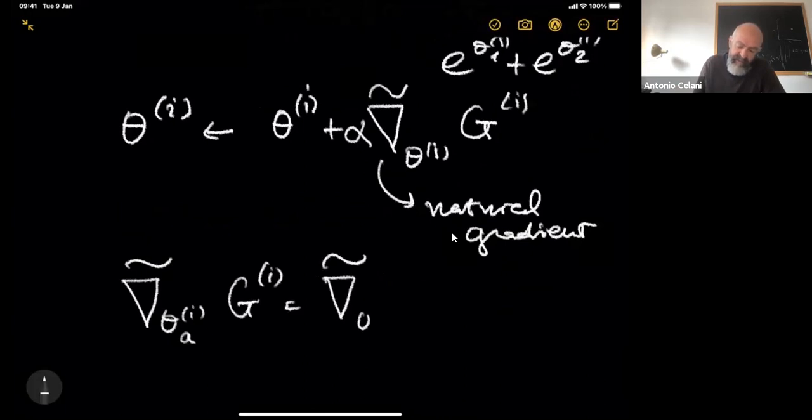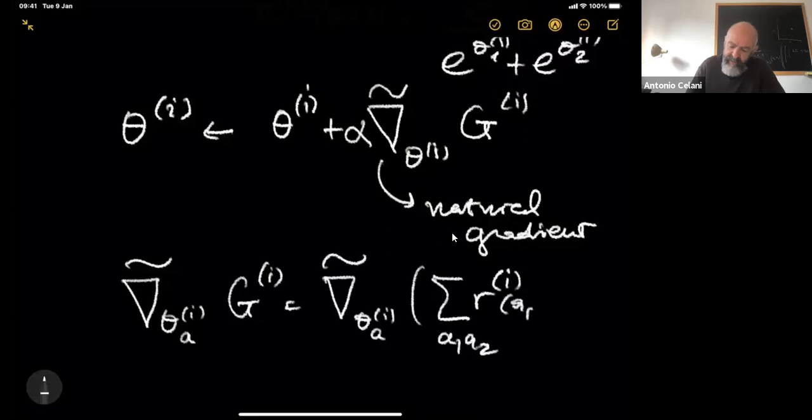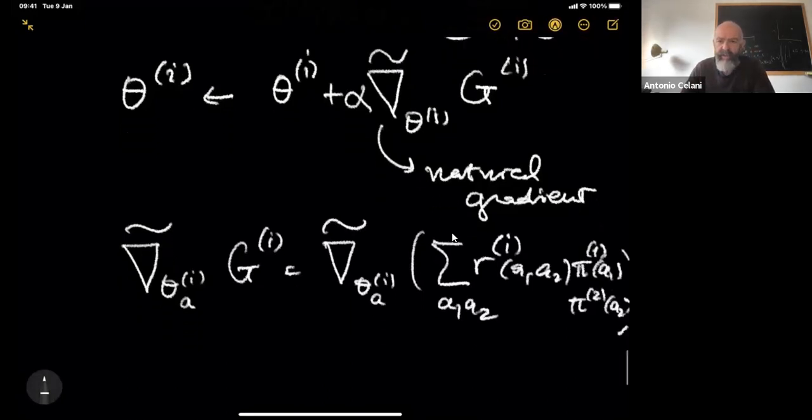Well, that is just theta_A, and then we have the sum over A1, A2, so these are just two actions, of R_i(A1, A2) times pi_1(A1) pi_2(A2). Okay, so I'm just replacing the previous notion of what the objective is.